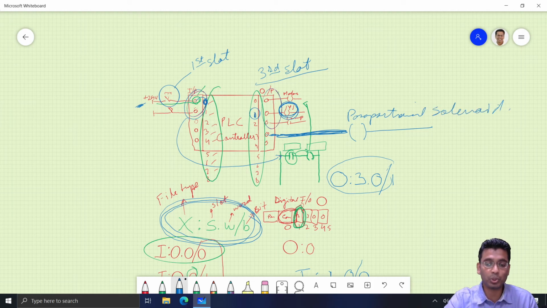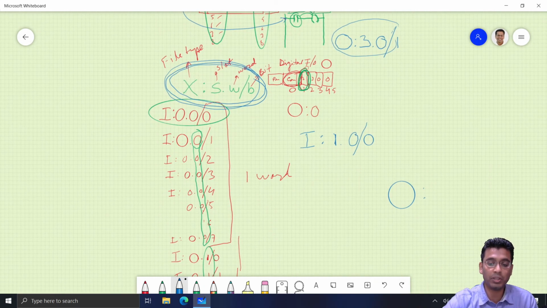Now a proportional solenoid is an output, so we'll try to follow the same convention. This output module is fixed in which slot? Third slot. So what is going to come after O? The slot number. What is the slot number? 3. Then you put a dot.